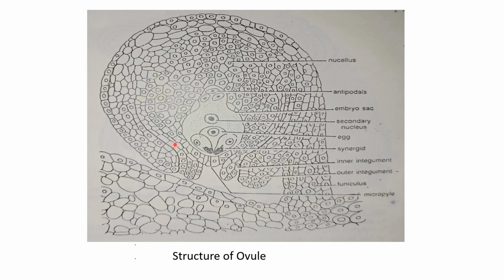Then inner to the integument there is a mass of cells which is known as nucellus, and inner to the nucellus there is the embryo sac. This opening end of the ovule is the micropyle, and opposite to this end, this region is the chalazal end.